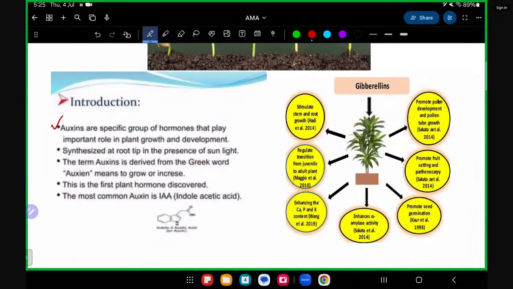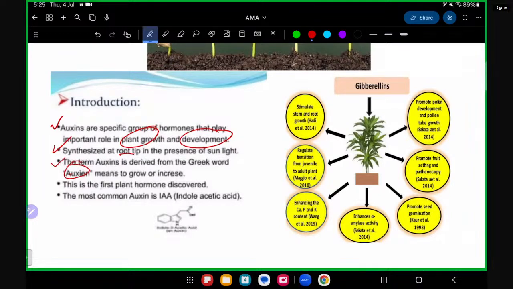First point is, auxins are a specific group of hormones that play an important role in plant growth and development. Second, it is synthesized at the root tip in the presence of sunlight. It is not the function, these are characteristic features. Third point is, the term auxin is derived from the Greek word auxein, meaning to grow or increase.